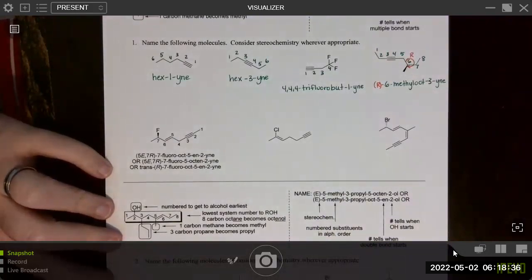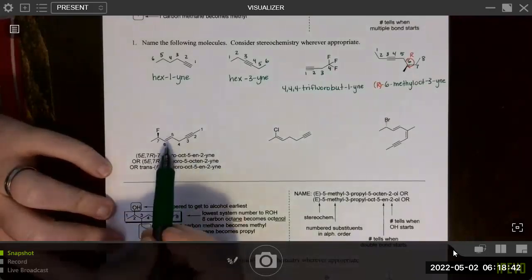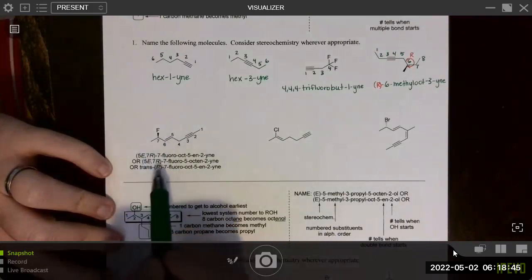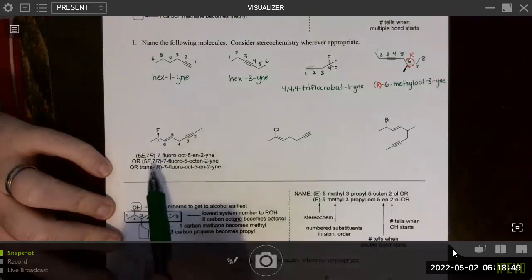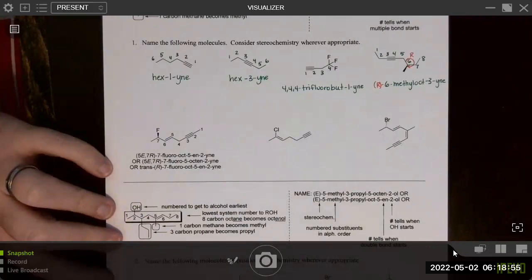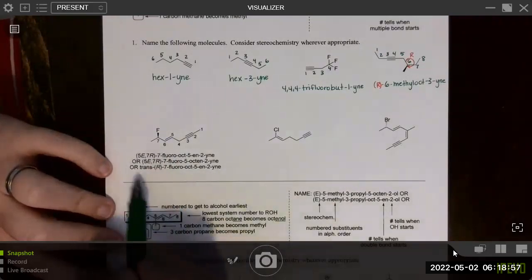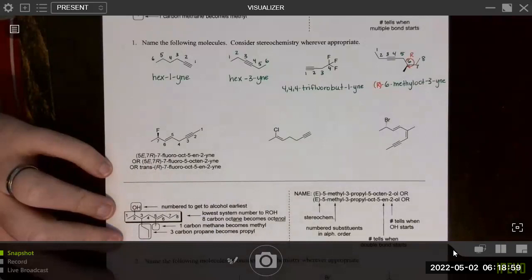Okay. Looks like they did this one for us, showing you how to do the stereochemistry in particular. Because we have both an alkene, which could either be labeled as E or trans, and a chiral center, which in this case is R, there are 2 different ways you could do the stereochemistry.